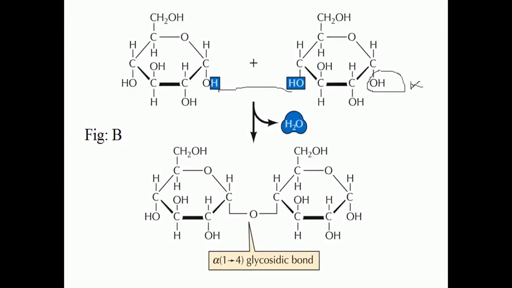This is figure B, in which the formation of maltose is given. We already discussed that maltose is formed between two D-glucose molecules. This is glucose 1, this is glucose 2. Glucose 1 is in alpha form because the OH is on the lower side.